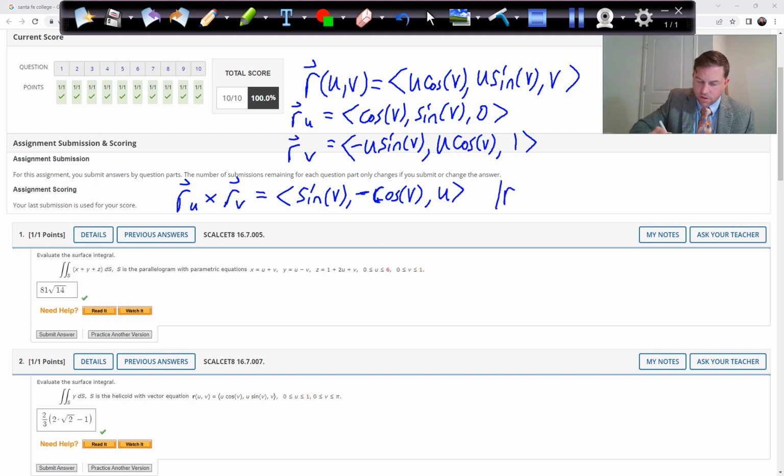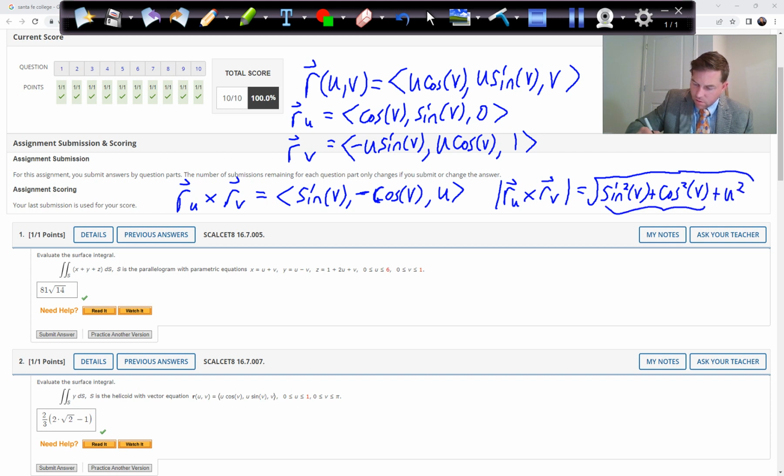And then the magnitude of this, so if you square all those terms, add them up and take a square root, you will get sine squared v, then minus cosine will become plus cosine squared v, plus u squared.